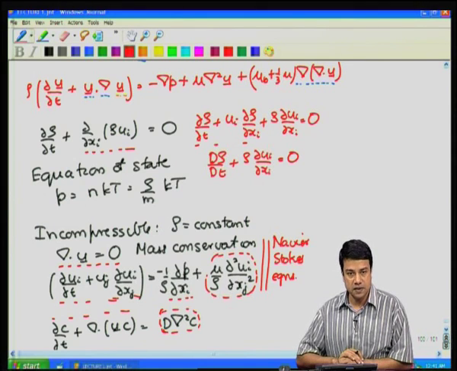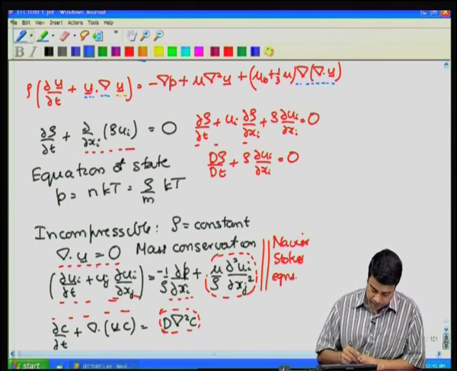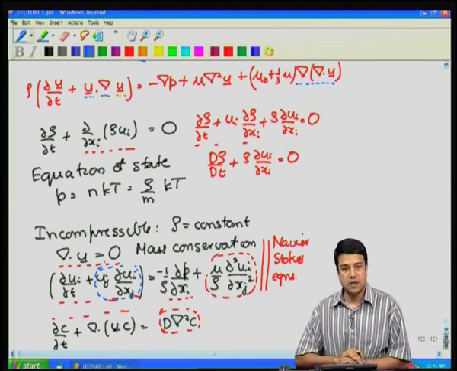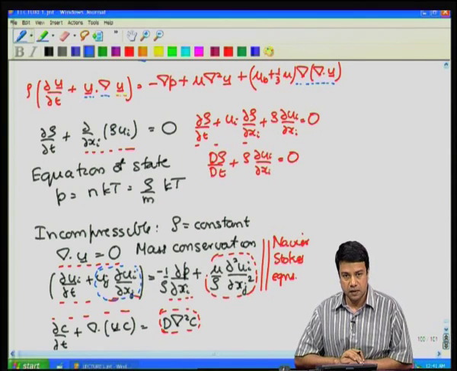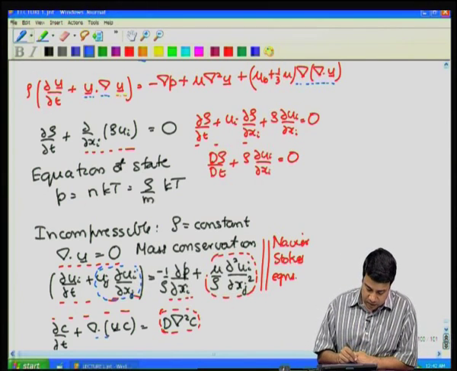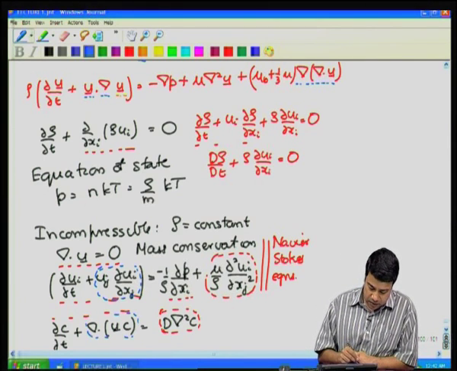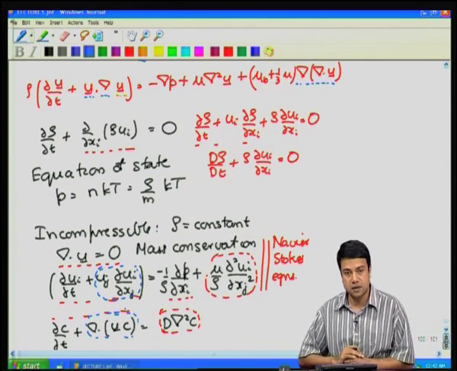The other big difference is that you have a term here which is a nonlinear term, u dot grad u. It is nonlinear in the velocity. You have no equivalent term in the mass and energy conservation equations, because this term here is linear in the concentration field.